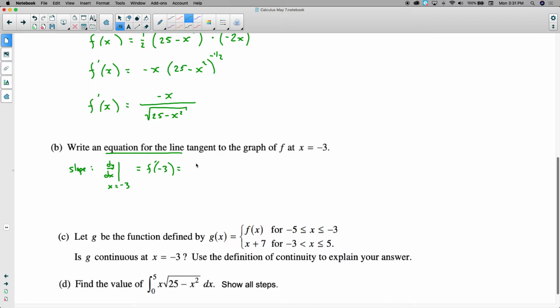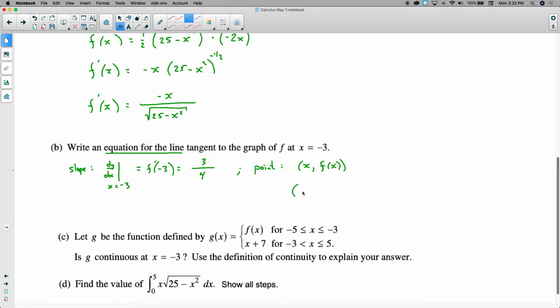And that is negative of negative 3, so that's positive 3 over, and then when I'm putting negative 3 here, it gets squared for 9. 25 minus 9 is 16, and rooted is 4. Okay, so that's one thing I need. I also need a point on the function, the point of tangency, and that point is the point x, f of x.